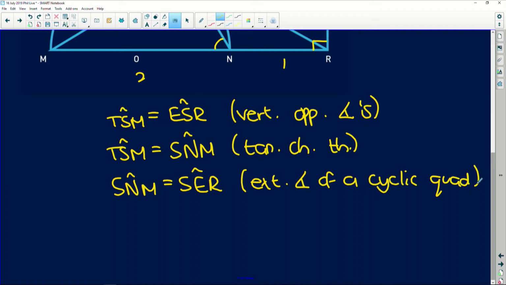And therefore, what we've proved, because TSM is equal to SNM and SNM is equal to SER, that means that TSM is equal to SER, and therefore ESR is equal to SER.